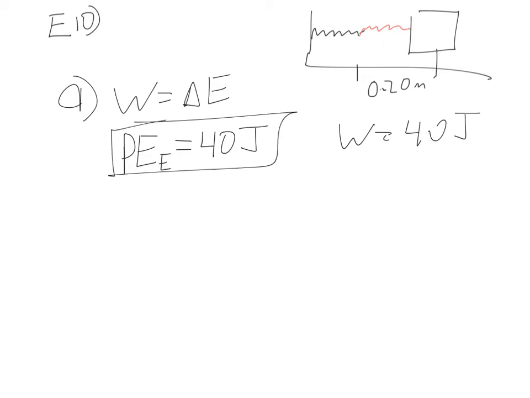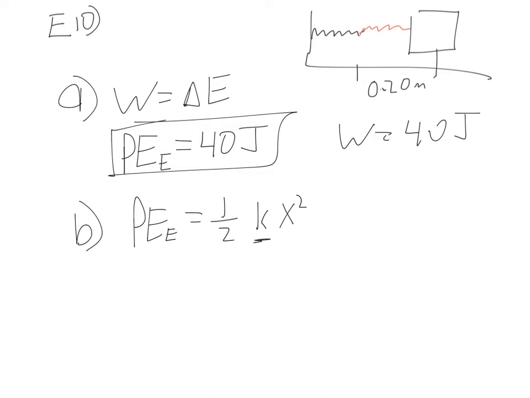Now, part B is saying, what is the value of the spring constant? Now, recall that potential energy of a spring, the elastic potential energy, is 1/2 kx squared, where k is the spring constant, and x is the amount that we either stretch or compress the spring.